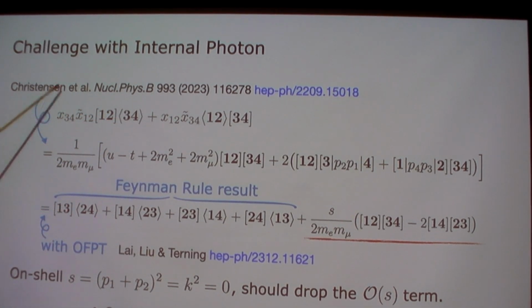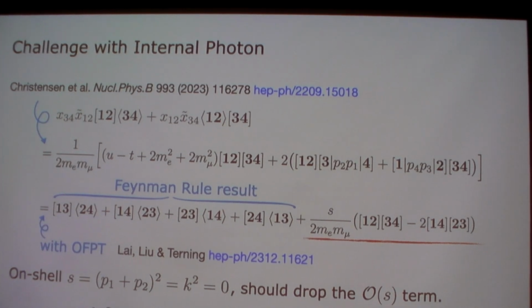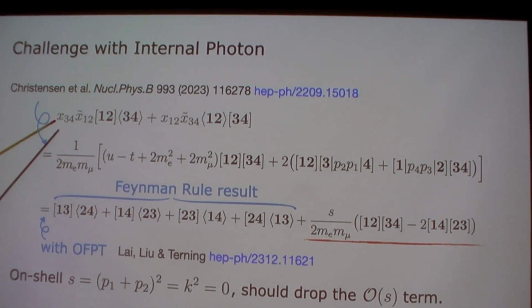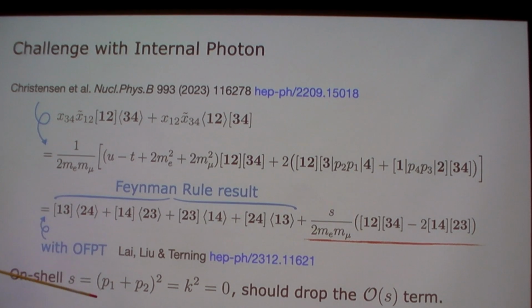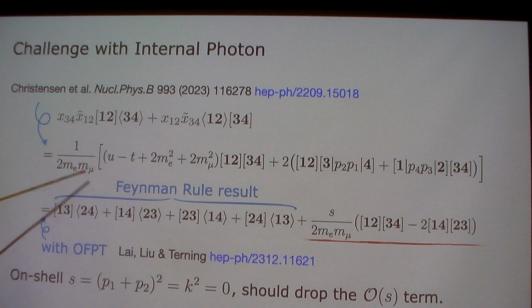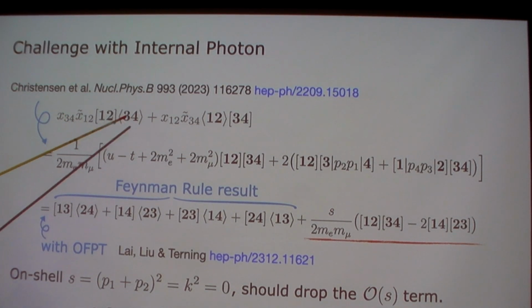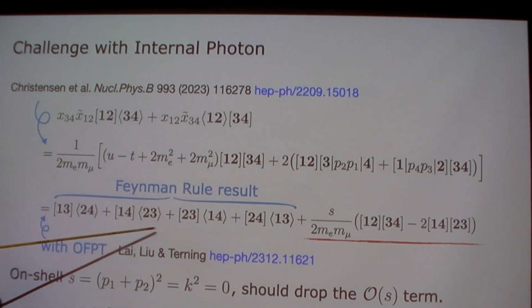This group, by Christensen and collaborators, published a paper about a year and a half ago saying that there's a challenge when you try to deduce this expression. To get the 4-point amplitude, you want to get the x factor out of the expression and turn them into the momenta of external particles. What they showed is that this equals this, which is not the Feynman result.